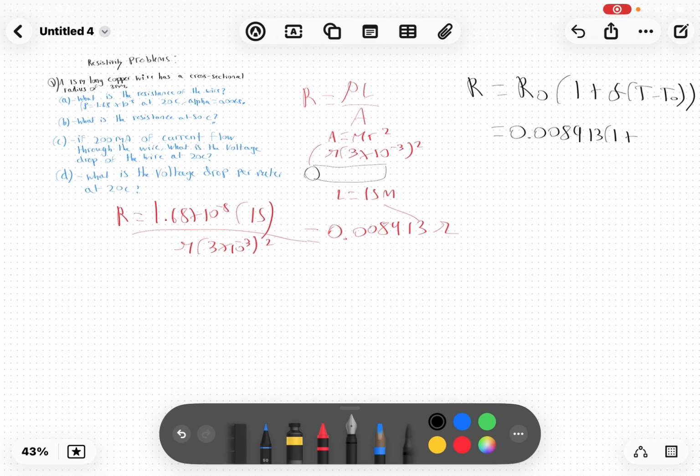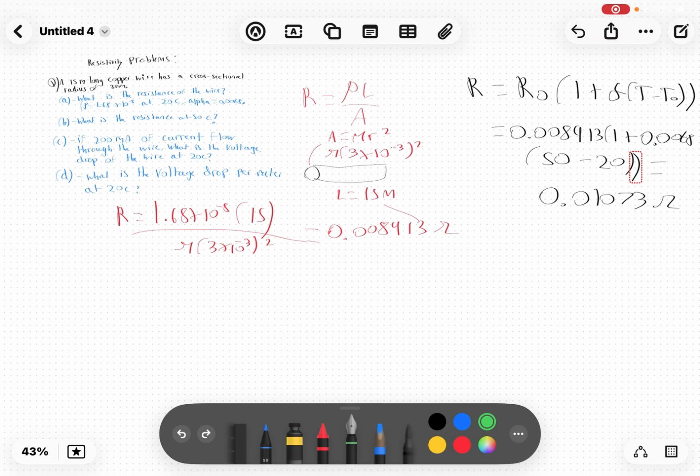The alpha is 0.0068, and then we do 50 because that's what we want to find, and then we take away that 20. So the answer of this will be 0.01073 ohms.